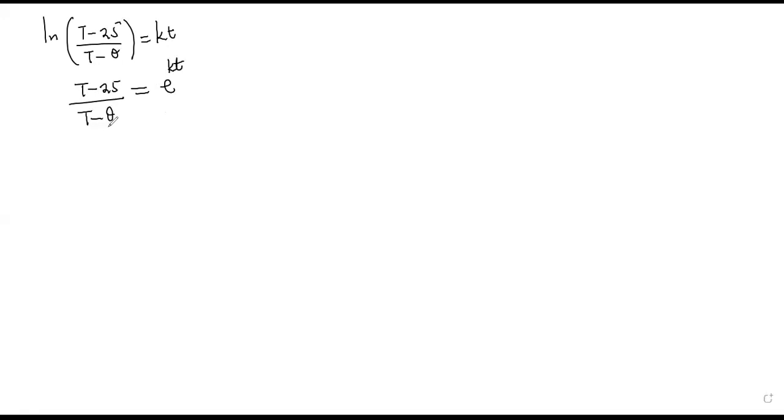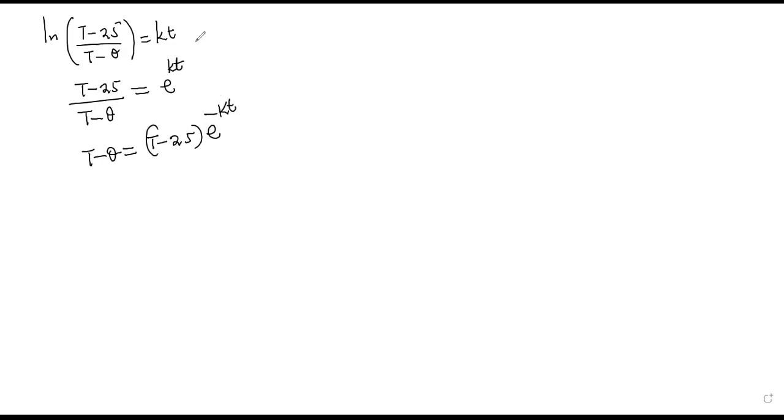Now, because I am interested in theta, if I move it up like this, it is T minus theta over T minus 25, and I will have T minus theta is equal to T minus 25 e to the power negative kt.